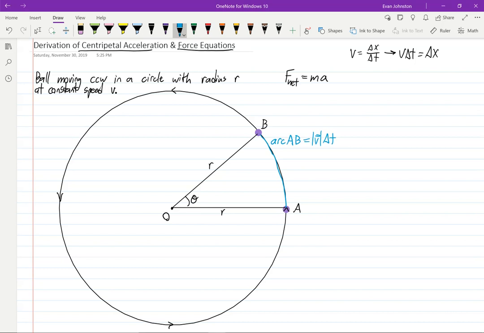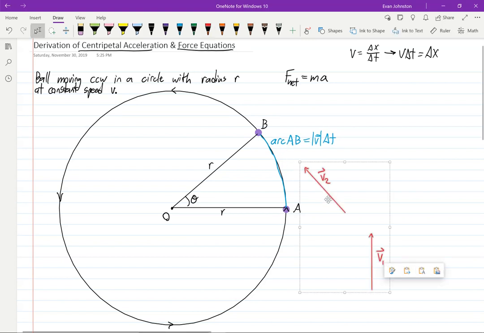Now, making this a little more interesting, we're going to add in the velocity for the ball as well. At the right here, the ball would be going up. But velocity is speed with direction, so the velocity is some length going up. Then over at this position B, the velocity is the same length, but in this new direction. The speed isn't changing, but the velocity will be because it has this changing direction.